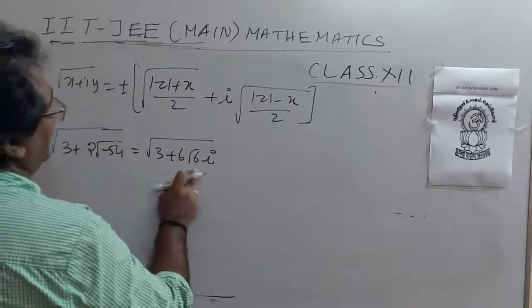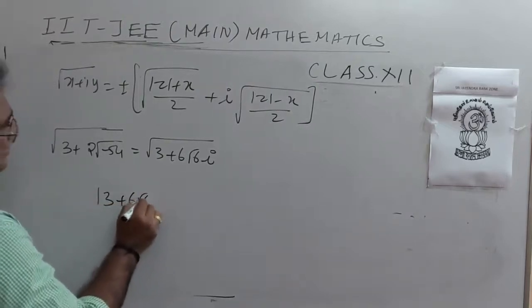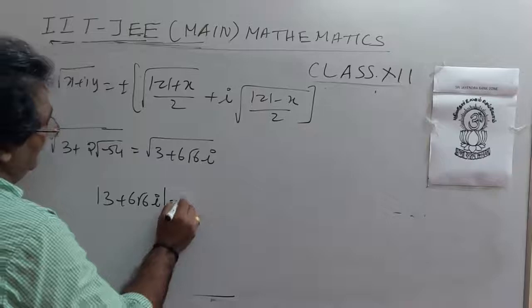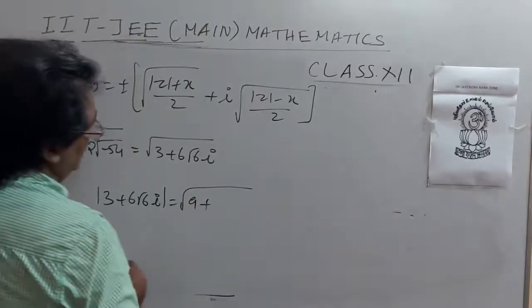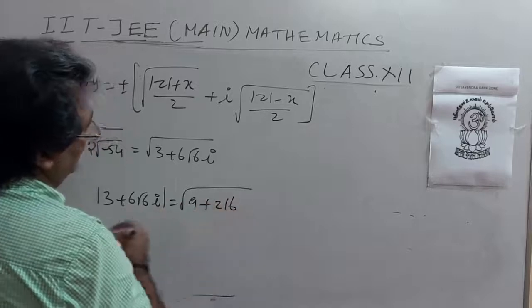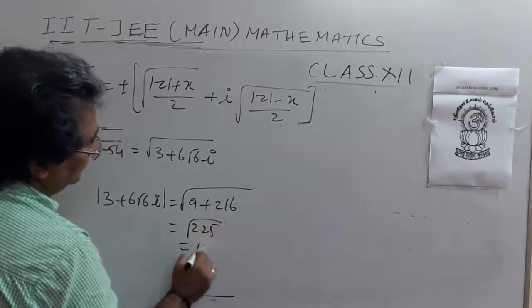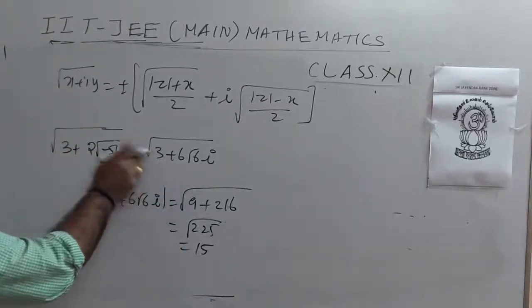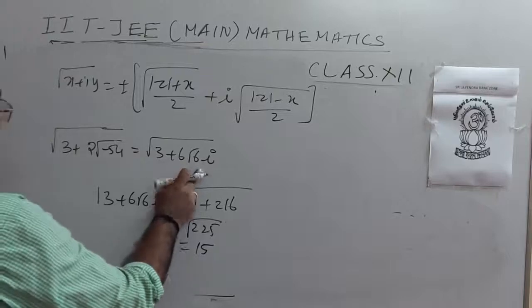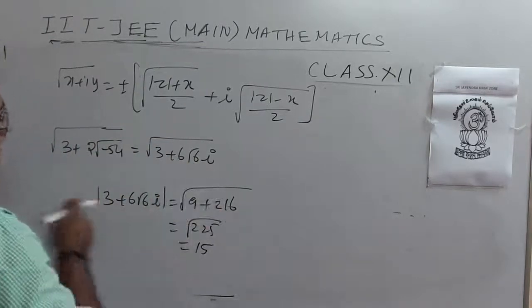So, we have to find the modulus. Modulus of 3 plus 6 root 6 i. If we take modulus of this x plus iy, that is z, so modulus z is 15.